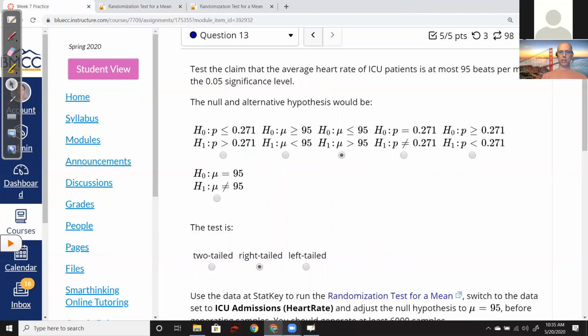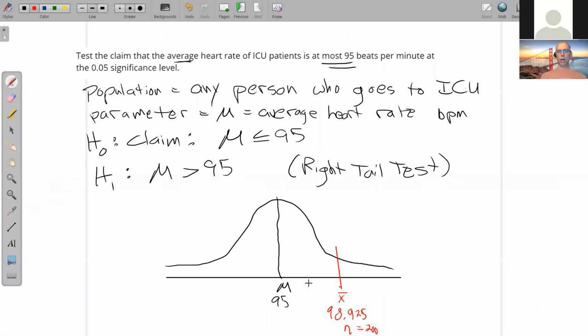So where's my sketch? Over here. All right, so again, I already marked my center, I marked my sample. 98 is greater than 95 because this is a right tail test. If you say it's a left tail test, but your data is on the other side, that's messed up. That should never happen. That means either you have the data wrong or you picked the wrong hypothesis. They always have to match.